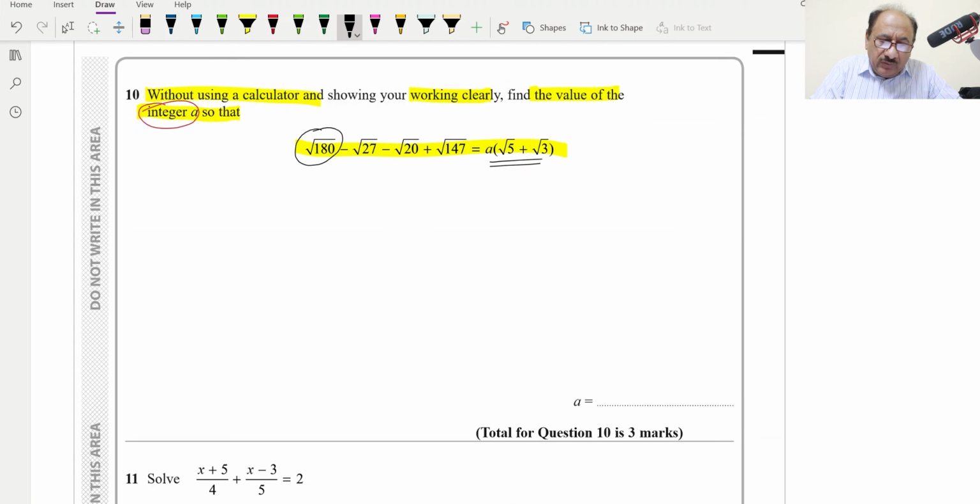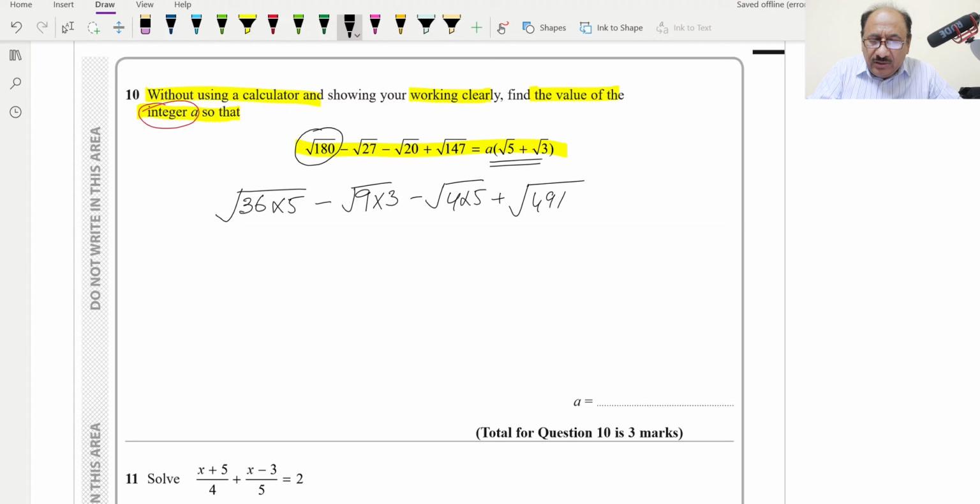We can write 180 as 36 into 5 under root, and minus 27 we can write as 9 into 3 under root, and minus 20 we can write as 4 into 5 under root, and plus 147 we can write as 49 multiplied by 3. So this is basically our left hand side.